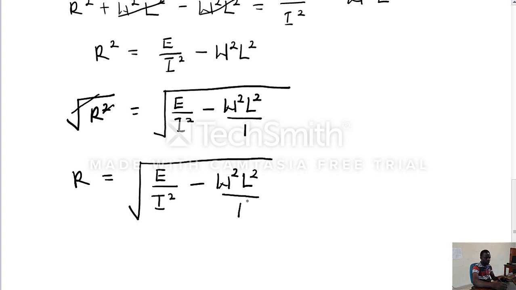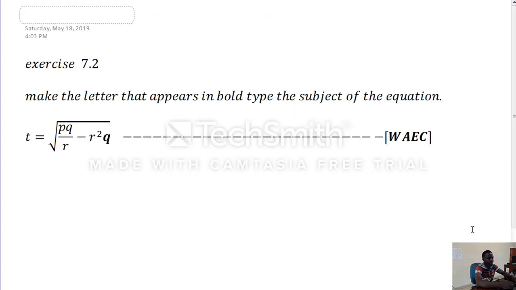If you choose to, you can simplify the expression under the square root sign, and this is our formula expressing R as a function of E, I, W, and L.